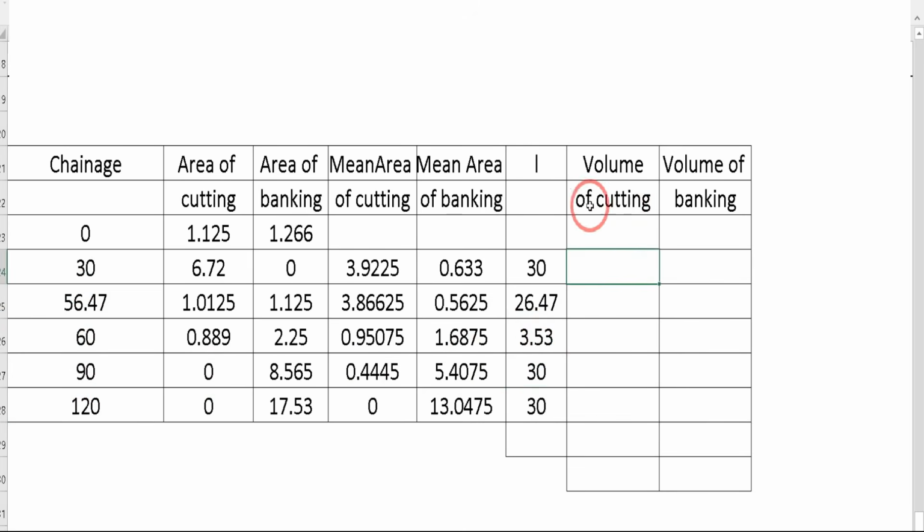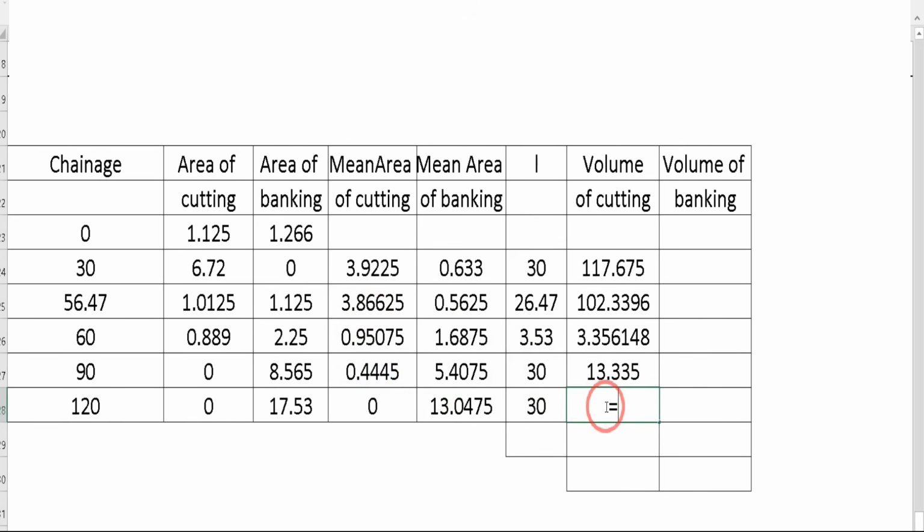Now what we need to do is volume equals area into length. So here we need to multiply this mean area of cutting into length. This cutting area into this length. Again here this cutting area into this length. And here also this mean area of cut into its length. And the same process here, this area into this length.